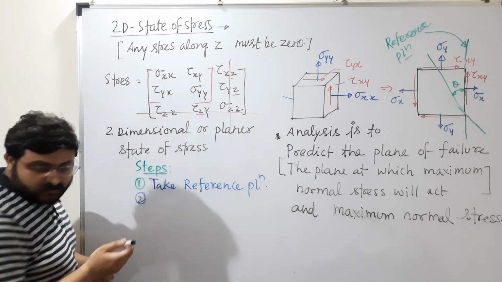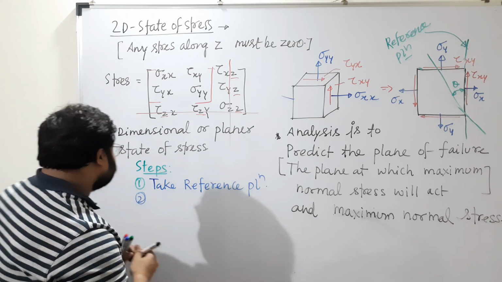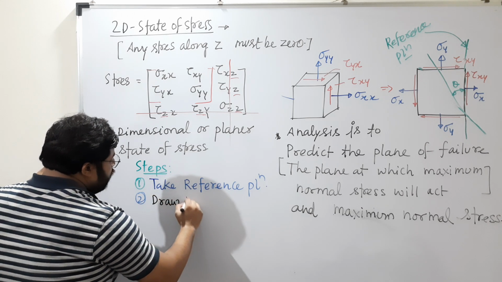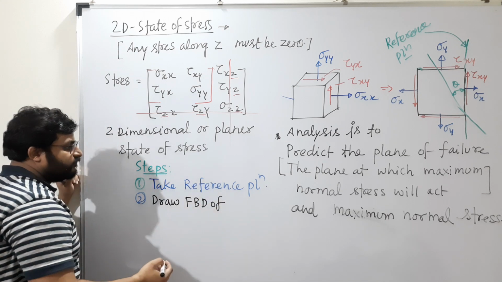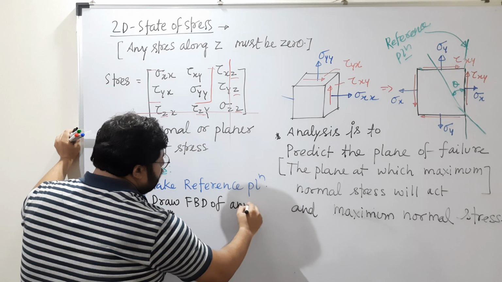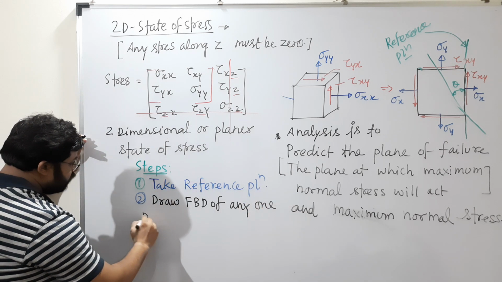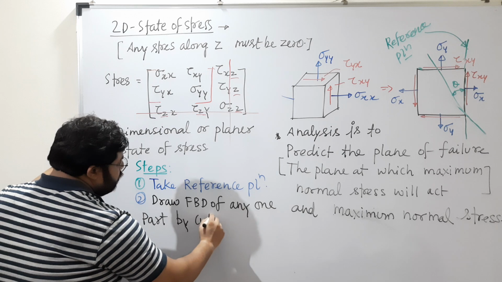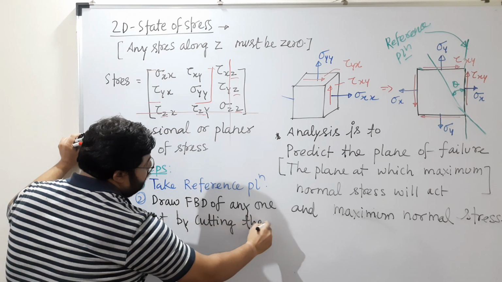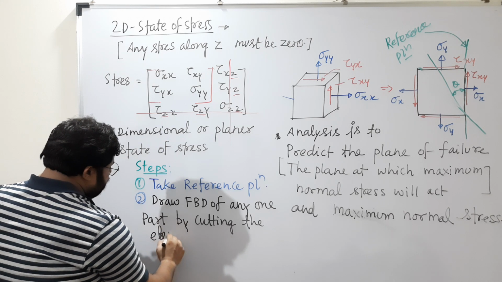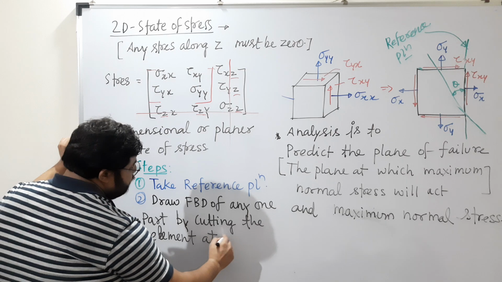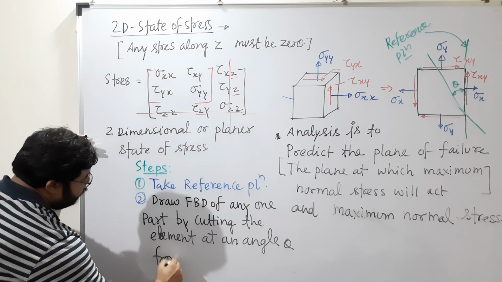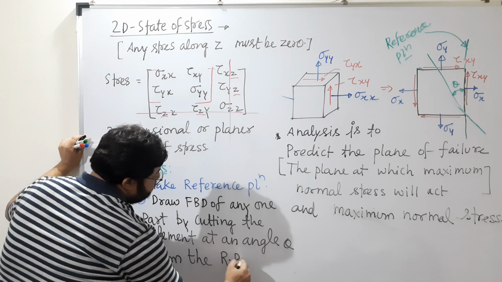Second step will be to draw the FBD of any one part by cutting the element at an angle theta from the reference plane.